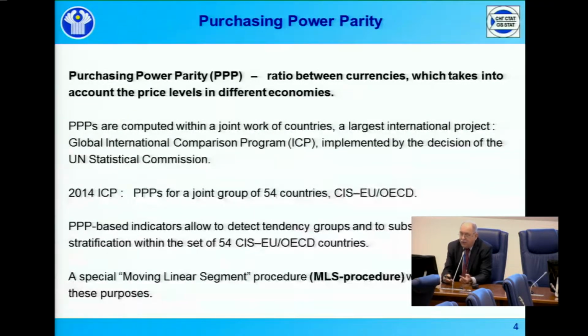But in any case, to compute PPPs is very hard work. This is a joint work of countries participating in the comparison. And now the PPP computation is being done within the global international comparison program, Global ICP.